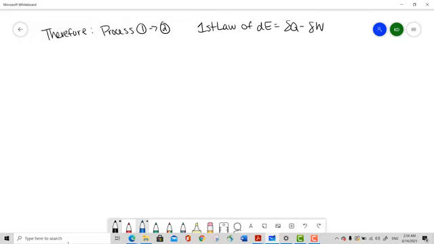Well, we know that there's no mention of velocity, so we're going to not include kinetic energy. We also know that there's no mention of elevation change, so we're not going to include potential energy. So this is going to just be derived into dU equals Q minus W. And then we know that we can derive this even further because it's a change in U, that this is U2 minus U1 equals Q minus 1 to 2 work. Right?